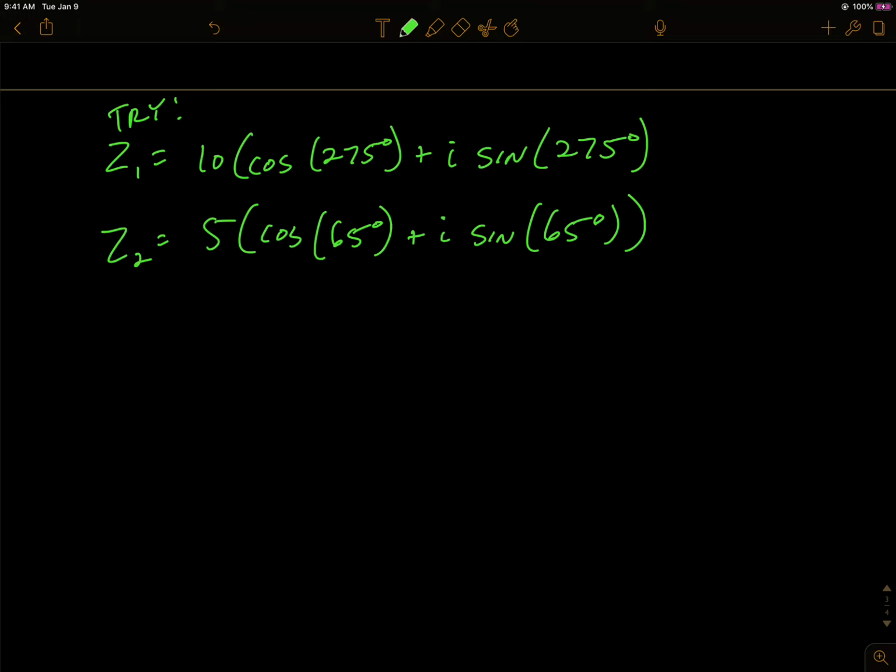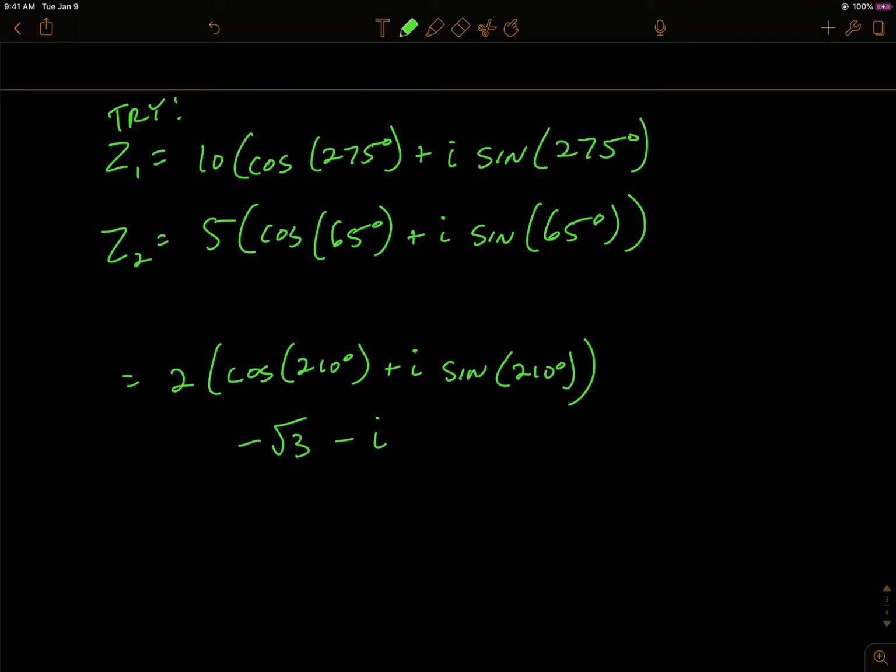All right, so you're going to pause the video here and try to divide these and write it in both polar form and rectangular form. Okay, welcome back. Your answer is 2 cosine 210 plus i sine 210. That's your answer in polar form. And then in rectangular form, that would be negative root 3 minus 1i.